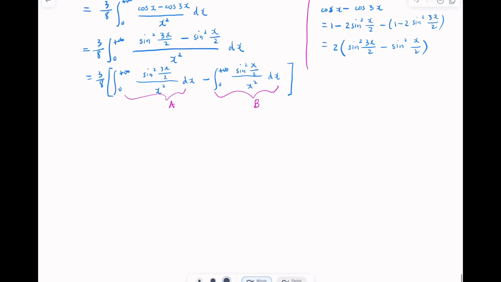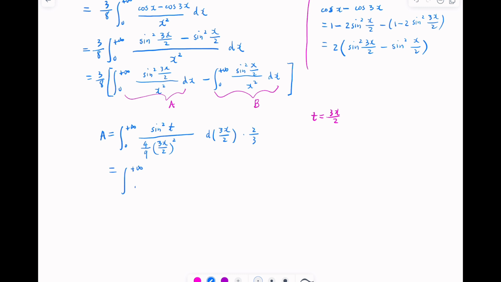So how do we calculate a? We're going to use change of variables. Here's the integral. Now we're going to use change of variable with t equals 3x over 2. So this is going to be sine square t, and here, x squared, we're going to change to 3x over 2 squared. Of course, you have to compensate this 9 over 4, so it's 4 over 9. And for the dx, because we need 3x over 2, in order to compensate that, you have to multiply by 2 over 3.